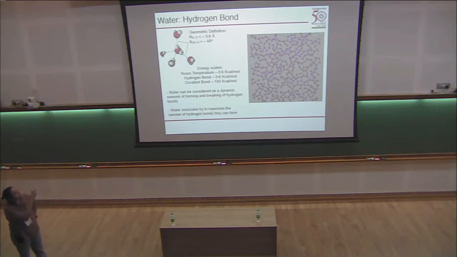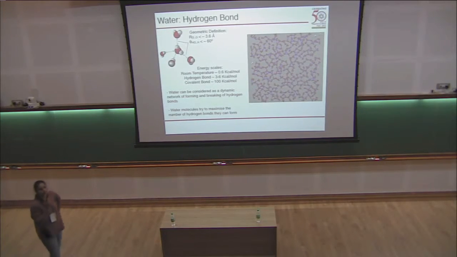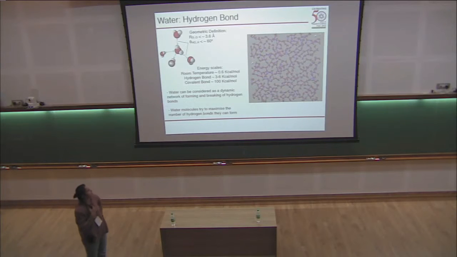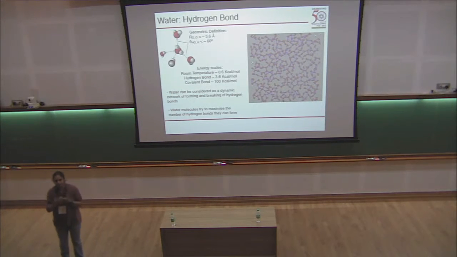The typical energy scale of a hydrogen bond is about 3 kcal per mole, so water can easily make and break these hydrogen bonds at room temperature. One of the properties that water always tries to achieve is to maximize the number of hydrogen bonds it can form with its neighbors, which is theoretically 4, but typically at room temperature it's about 3.5.